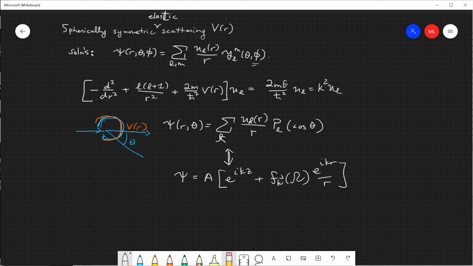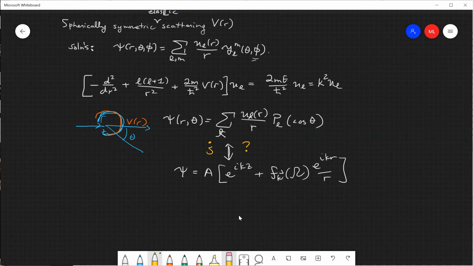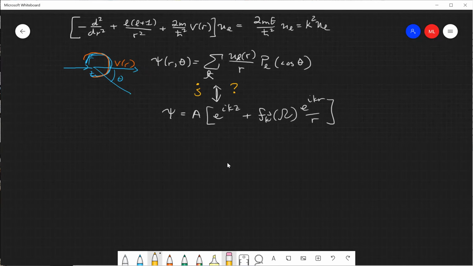And we're going to try to see how the solution of the Schrodinger equation actually gives you this far away at large r. We're going to try to identify all the pieces. How do these connect up with this guy and the incoming wave? I'm going to try to build that connection.